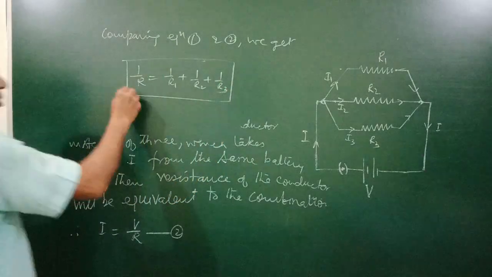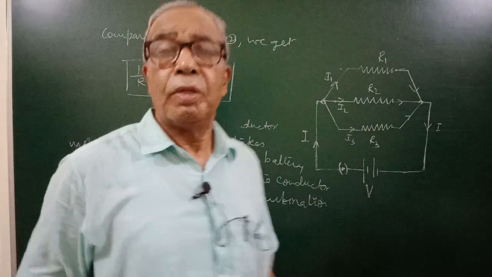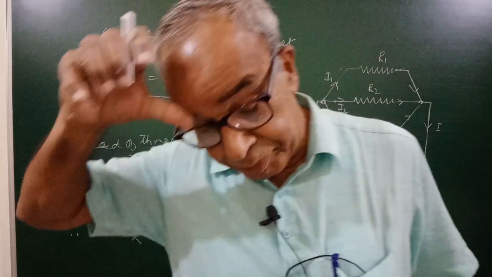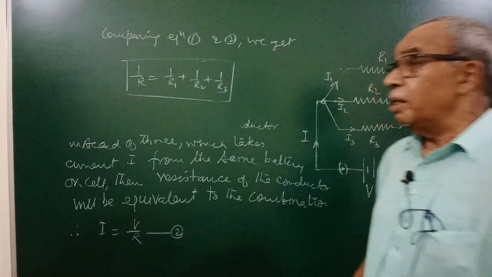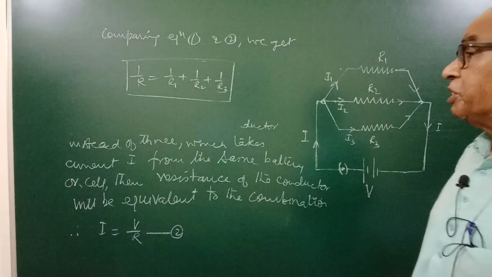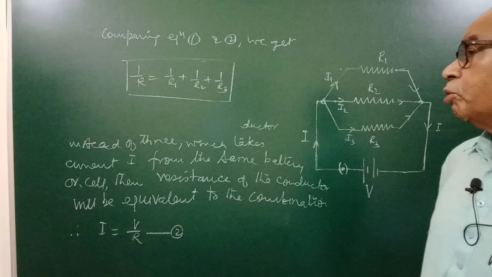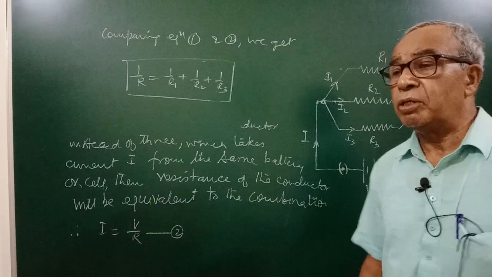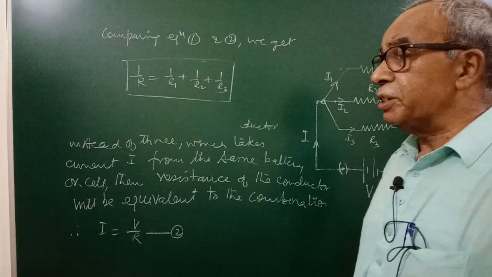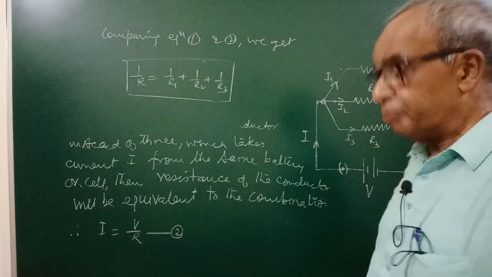So what can you say? Reciprocal of equivalent resistance equal to sum of the reciprocals of individual resistances which are connected in parallel.